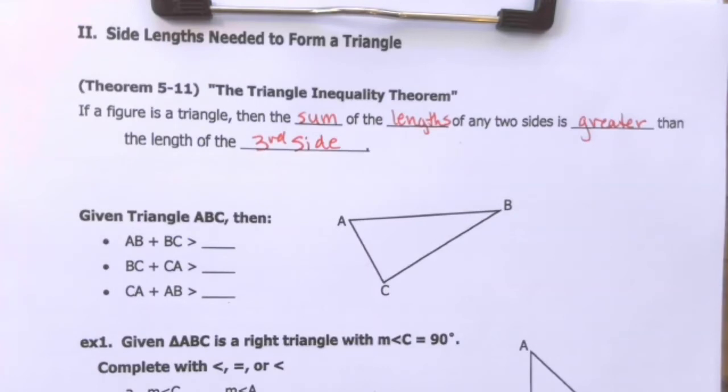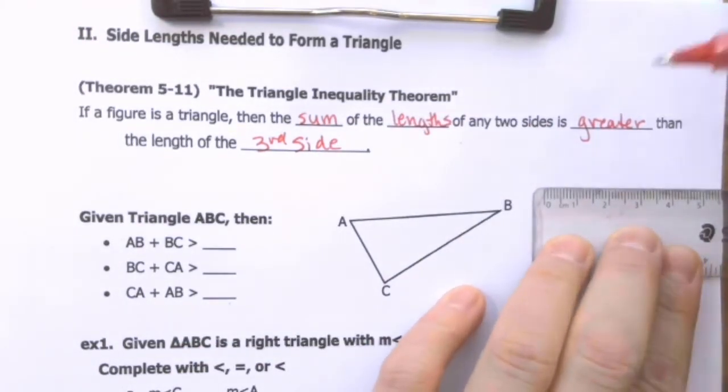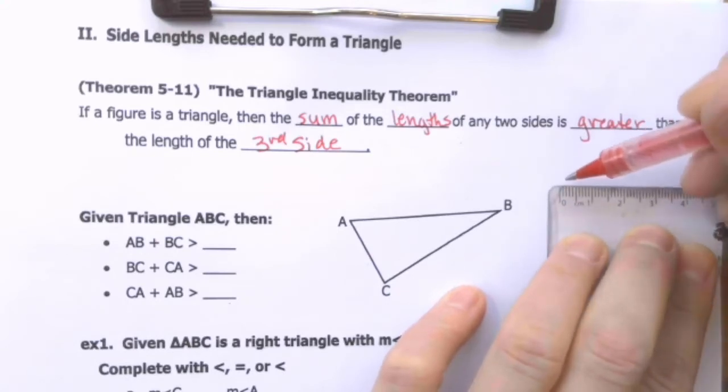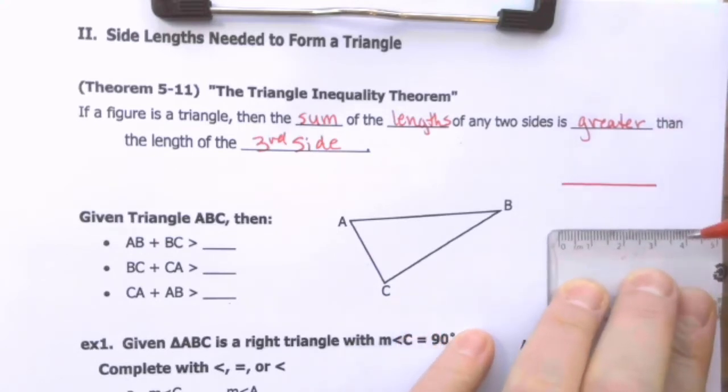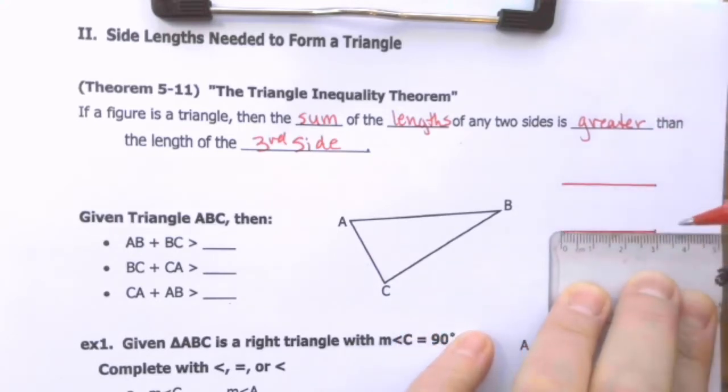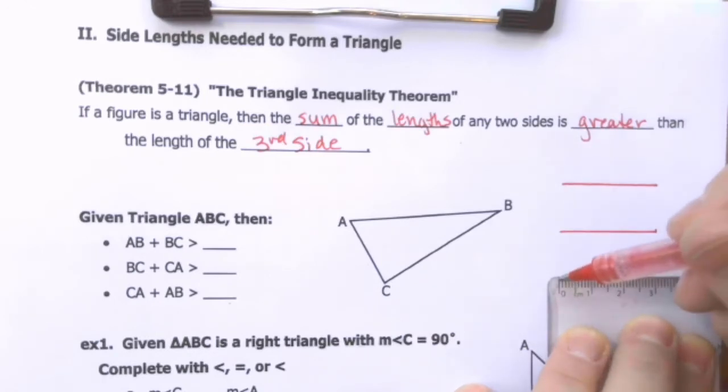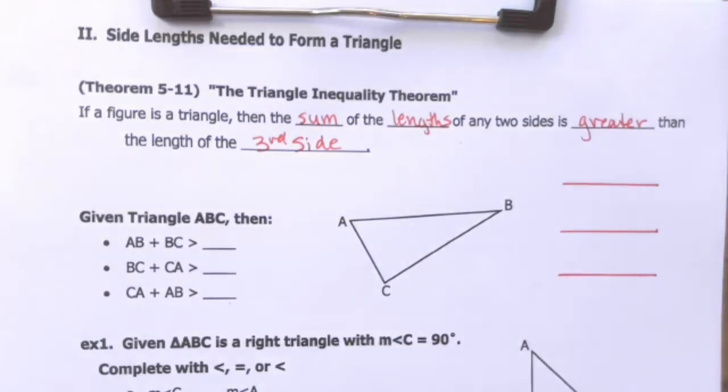So let's put a couple little drawings here out on the side. I want you to draw 3 lines, small lines, like 3 centimeters in length. 1, 2, 3. If you don't have your ruler, pause the video, grab your ruler. Okay, so there are 3 possible scenarios if you're given the sides of a triangle.